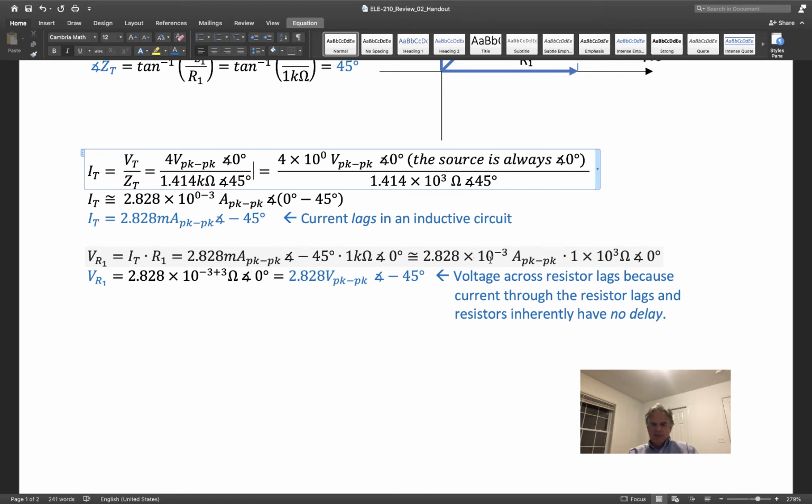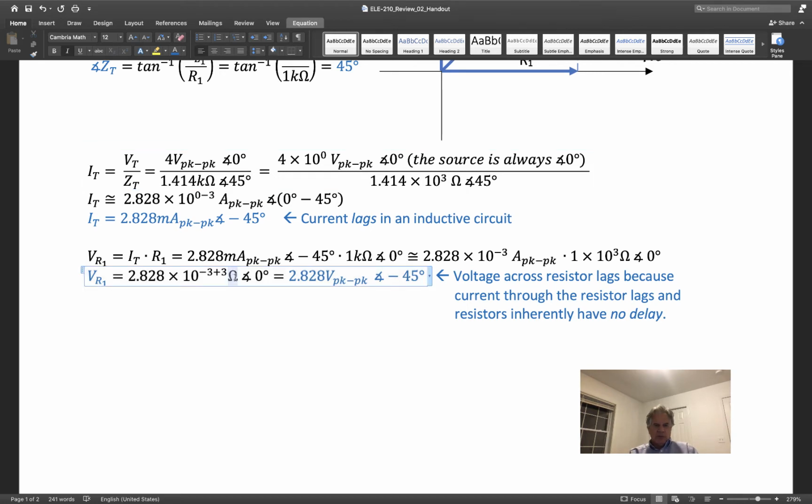The 2.828 was milliamps, so this is 10 to the minus 3, and the 1 was k ohms, so that's 10 to the plus 3, and we wind up with 2.828 times 10 to the minus 3 plus 3, so that's just going to be 2.828.